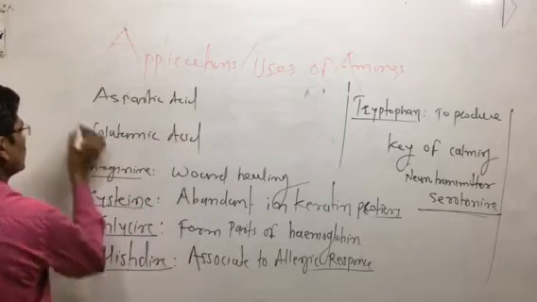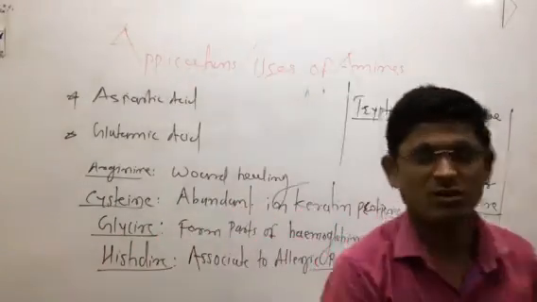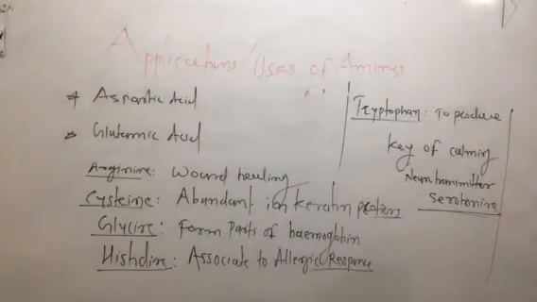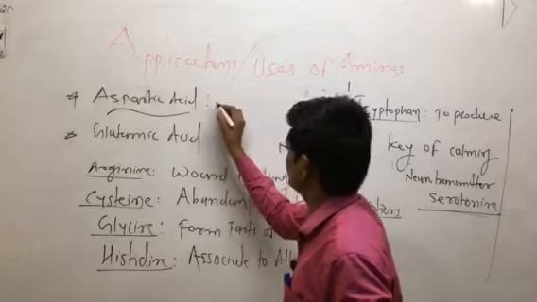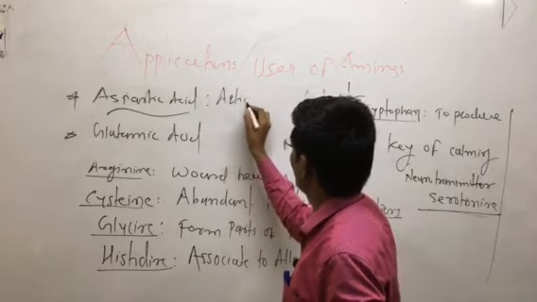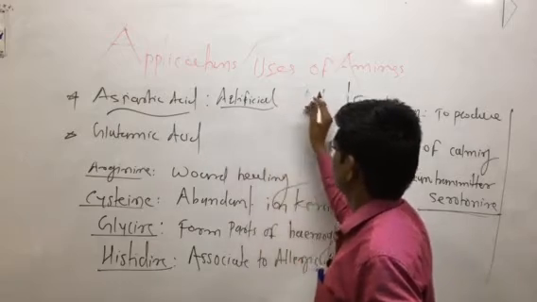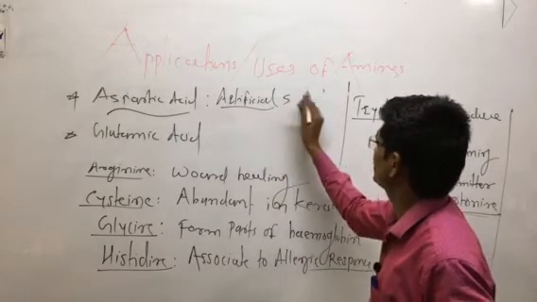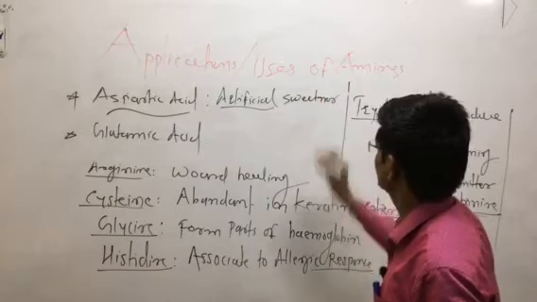Aspartic acid and glutamic acid are acidic amino acids, which contain the acid functional group. Aspartic acid is a synthetic artificial sweetener. It is an artificial sweetener.